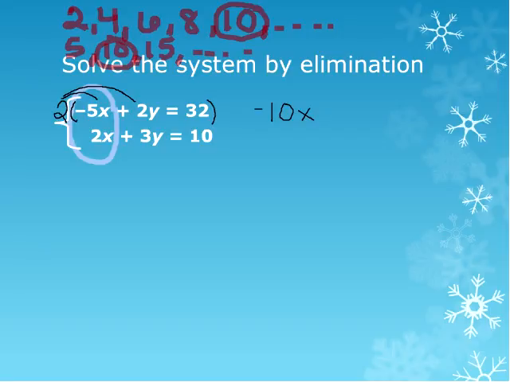2 times 2y is a 4y. And 2 times 32 is a 64. Okay. My second equation, I need a positive 10x to start that, so that first number is going to be a 10x.